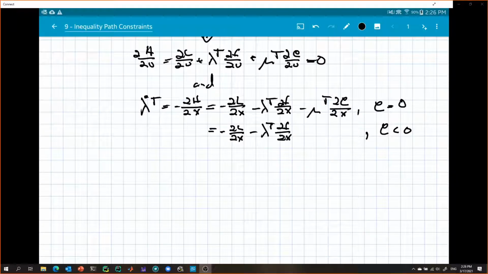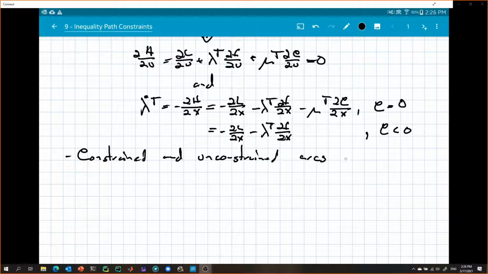Like in the previous problem, constrained and unconstrained arcs must be pieced together.